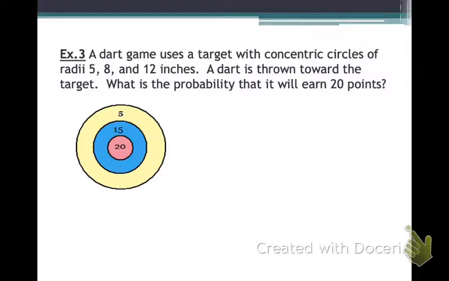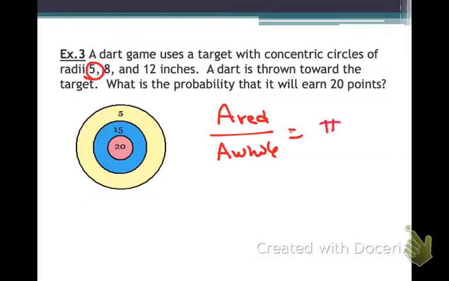So I want to land in the 20-point circle. So I need, in my numerator, the area of the red over the area of the whole circle. So let's do the red first. It's going to have a radius of 5, so pi r squared.